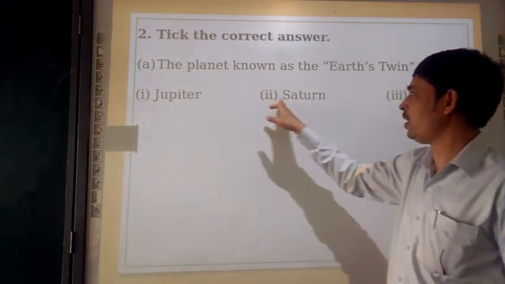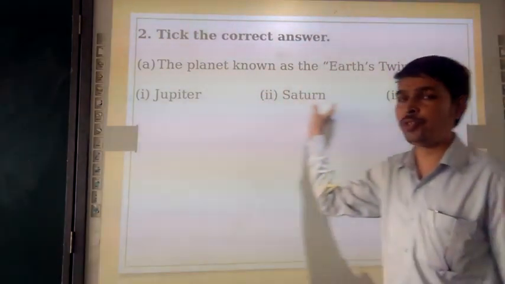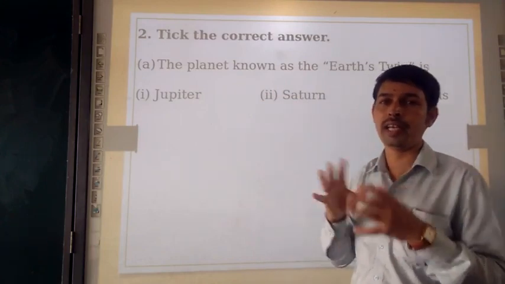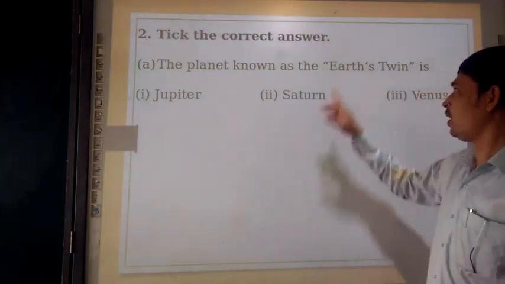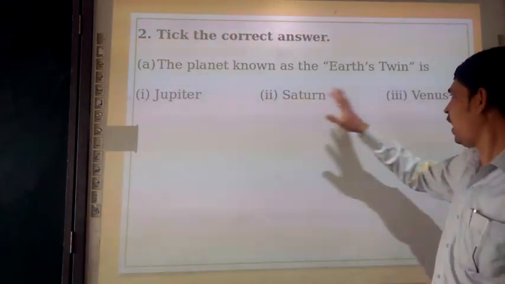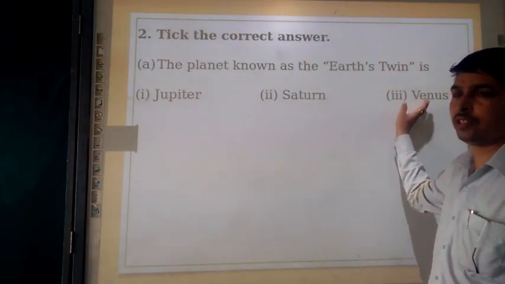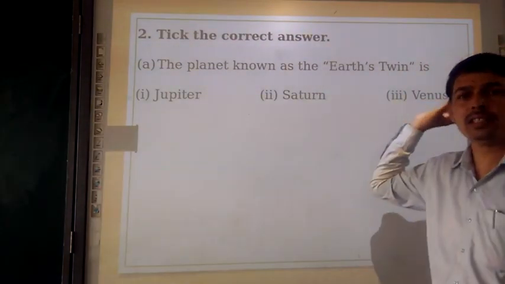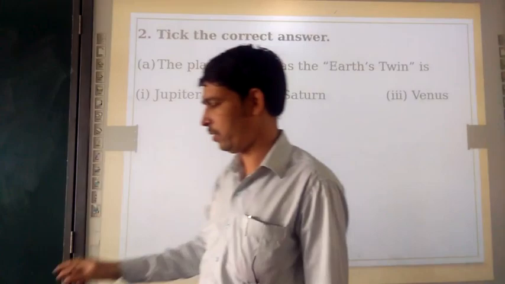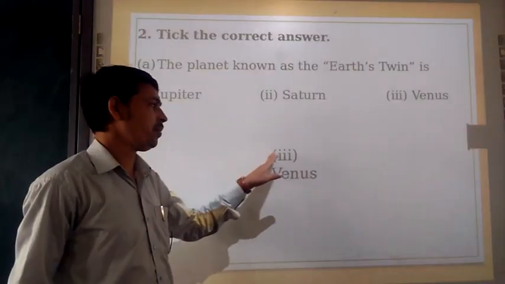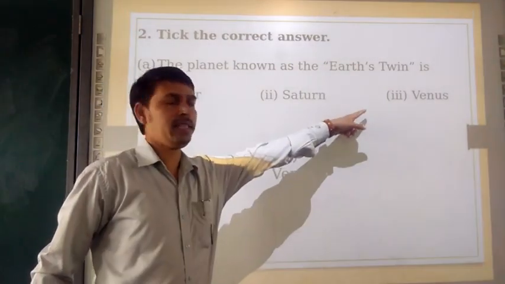Out of Jupiter, Saturn and Venus, which planet looks similar, called the twin of the Earth? Jupiter is here, Saturn is here and Venus is there. So Venus is the correct answer because it is known as the twin of Earth. Answer number three, Venus, is the correct answer.